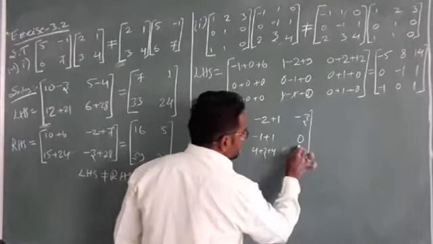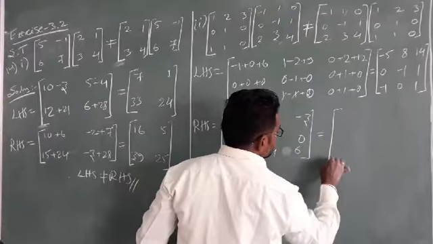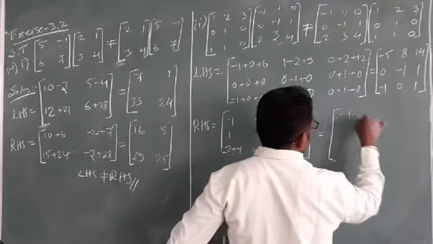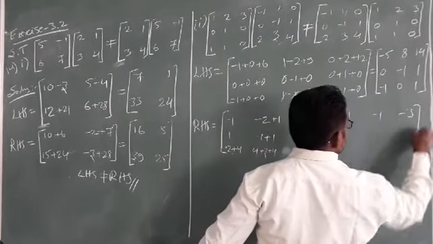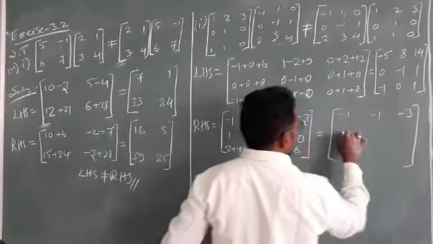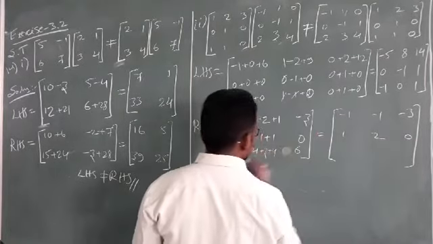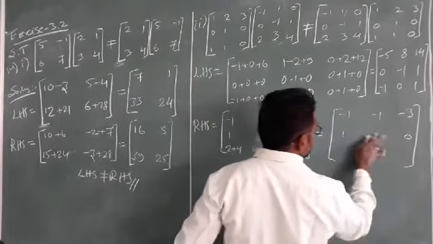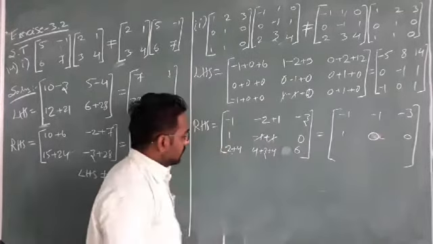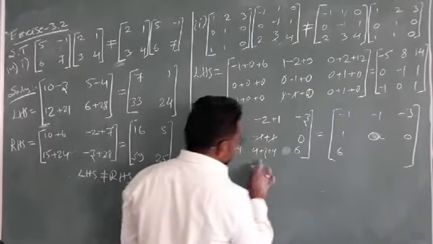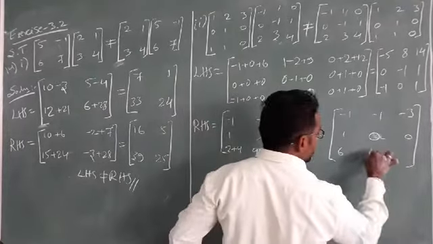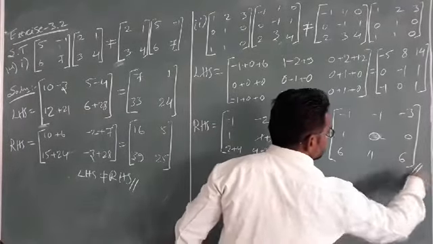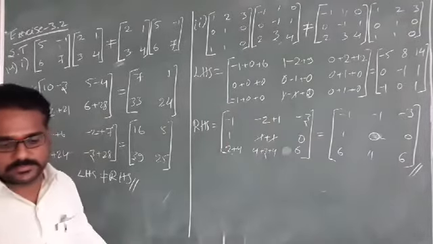So, we will get just 6 here. What is the RHS? Minus 1, minus 1, minus 3. 1, 2, 0. Sorry, here minus 1 plus 1 get cancelled. It is 0. 2 plus 4, 6. 4 plus 4, 8. 8 plus 3, 11. It is 6. This is the RHS.